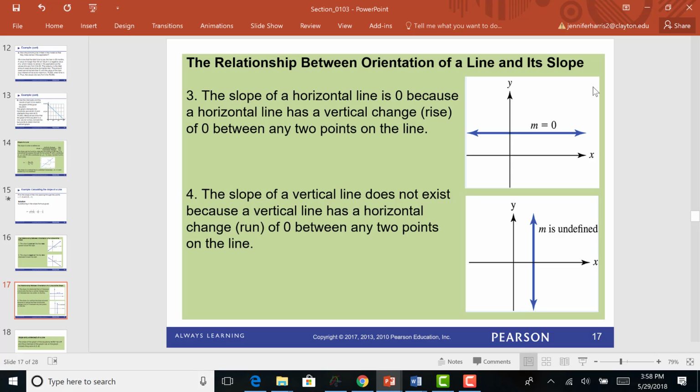If you type 3 divided by 0 in your calculator, what did you get? Math error. It's undefined. That's what you're going to get in your calculator. It's going to be a math error, which means this does not exist. We good? Okay, so when you see points, if the 2 y values are the same, it's a horizontal line. If the 2 x values are the same, it's a vertical line.